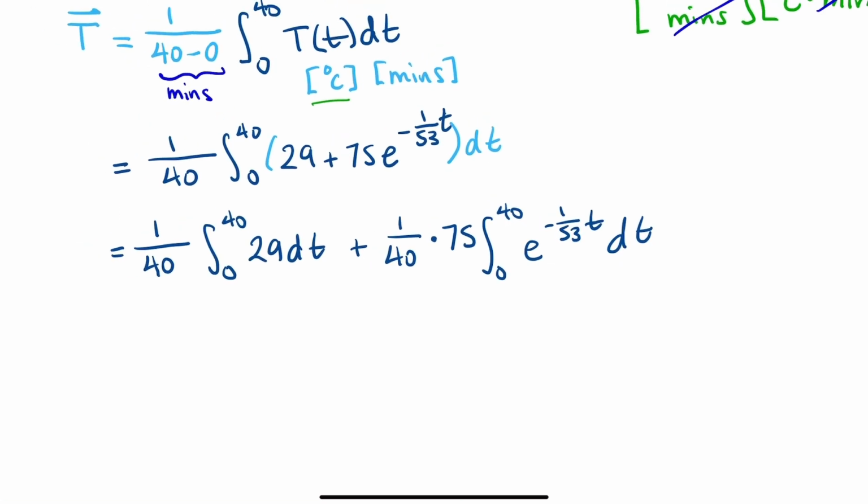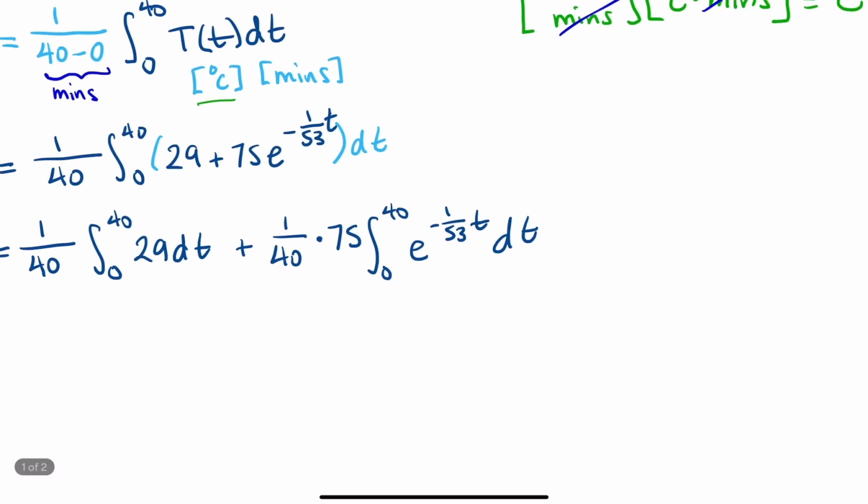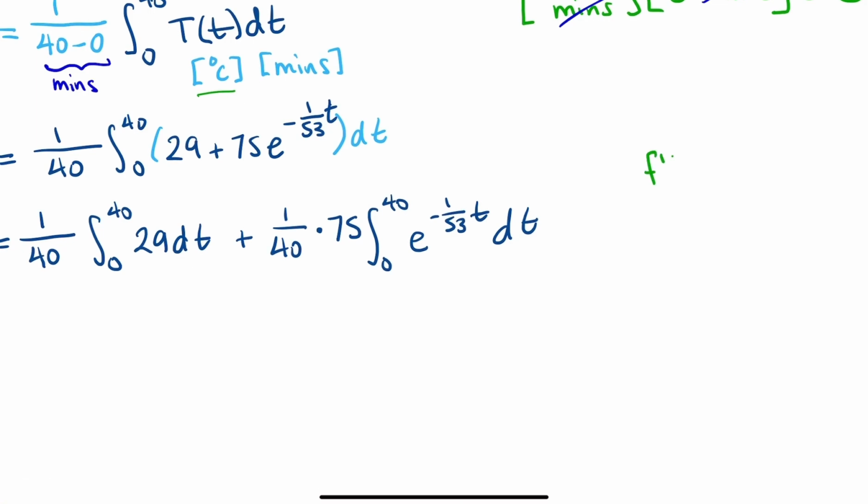And I see right here we have to take the antiderivative of e to the negative 1 over 53t. So just be careful here. We can recall that if you have, let's say, e to the 2x, and I asked you for its antiderivative, the antiderivative would simply be e to the 2x, and I'm going to divide by 2.